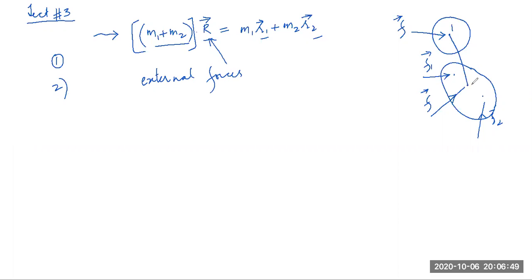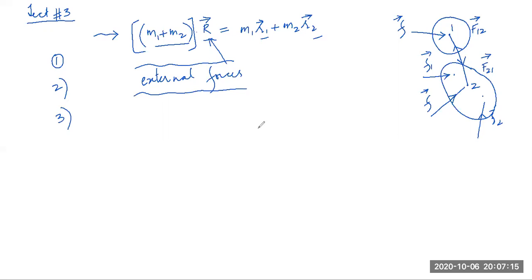This particle is 1, this is 2. The gravitational force because of 2 on particle 1 we defined as F12, and the gravitational force on particle 2 because of particle 1 was F21. These two forces are equal and opposite in nature, hence they cancel out. So the net effect is under the effect of external forces only.